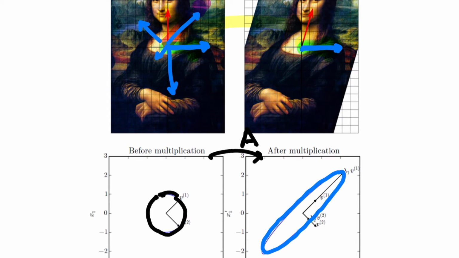But if we know this vector only changes the length with the same direction, then as you can see here, these vectors v1 and v2 have the same direction with different magnitudes.